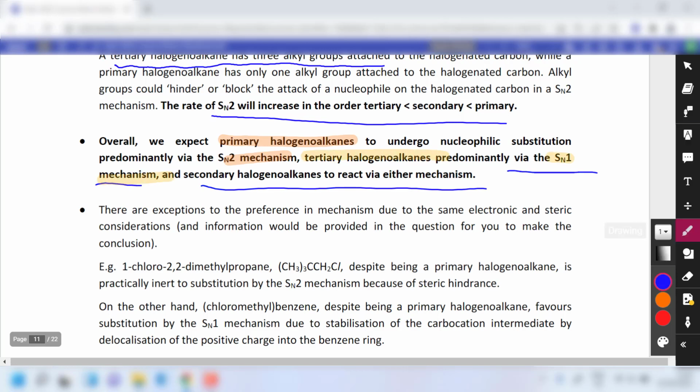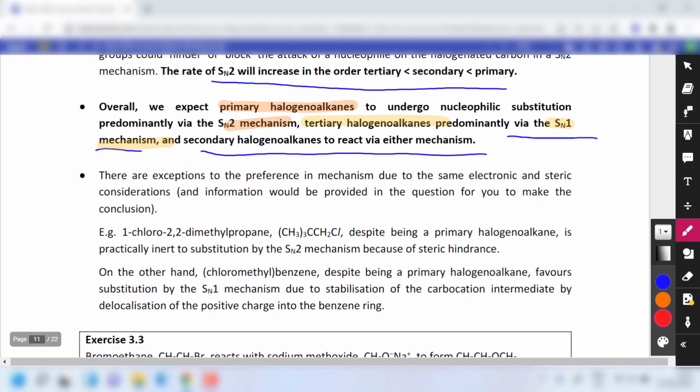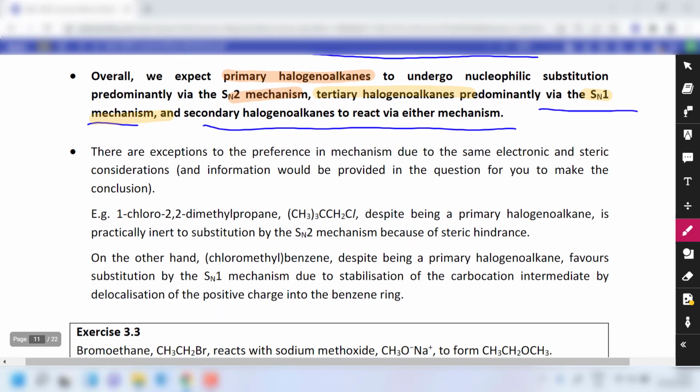I think that is good enough. Secondary usually prefers both, so each of them will occur in a certain percentage. There are definitely exceptions to the mechanisms preferred by primary, secondary, and tertiary substrates.